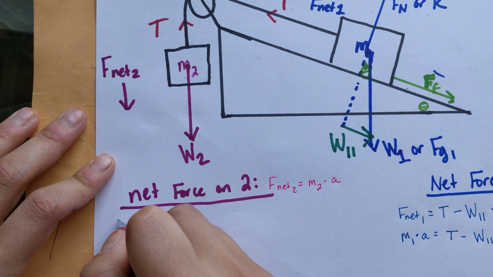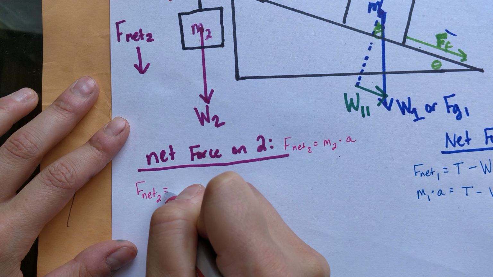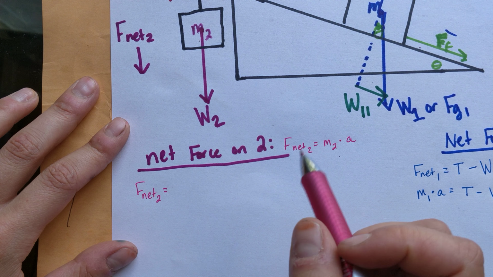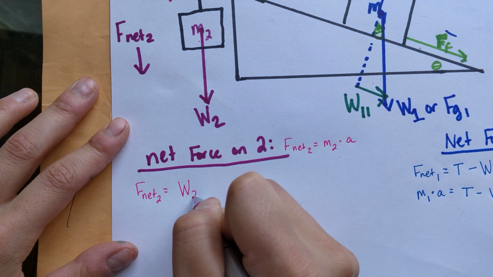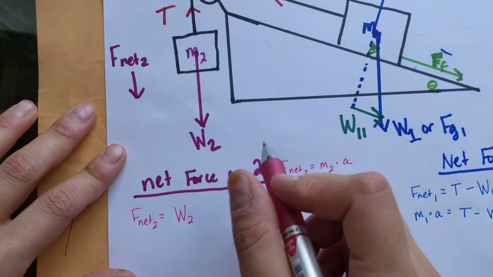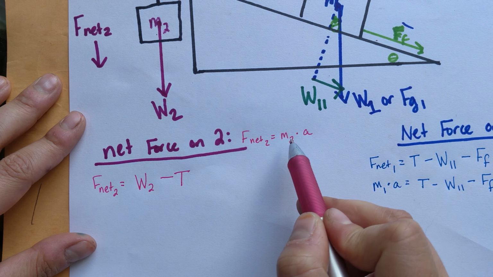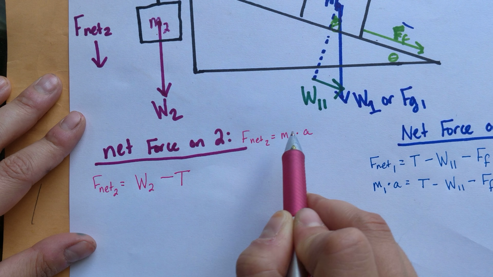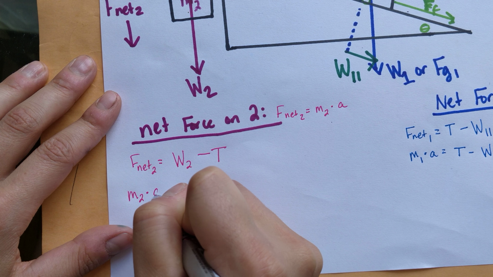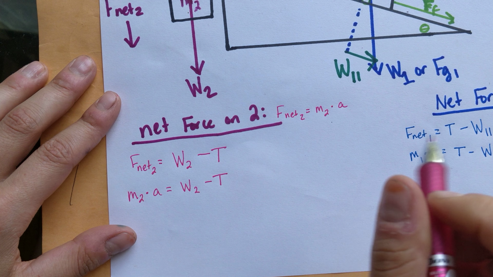So I write my net force equation, F net sub 2 equals, the weight is in the same direction as F net 2, so I write this as a positive W sub 2, and tension is opposite to my F net 2, so this is negative tension. And in accordance with Newton's second law, I know that these vectors give rise to an acceleration, so I'll rewrite this as m sub 2 times A equals W sub 2 minus T.